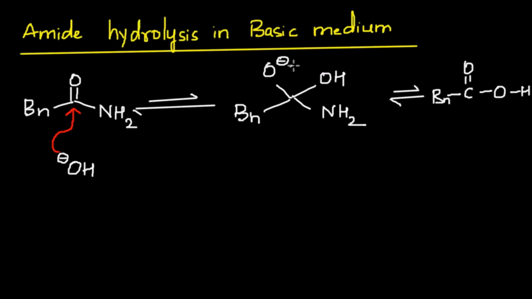That is, this is going to fall back and NH2 minus leaves. So the base here is going to take up the proton, forming the carboxylate anion.